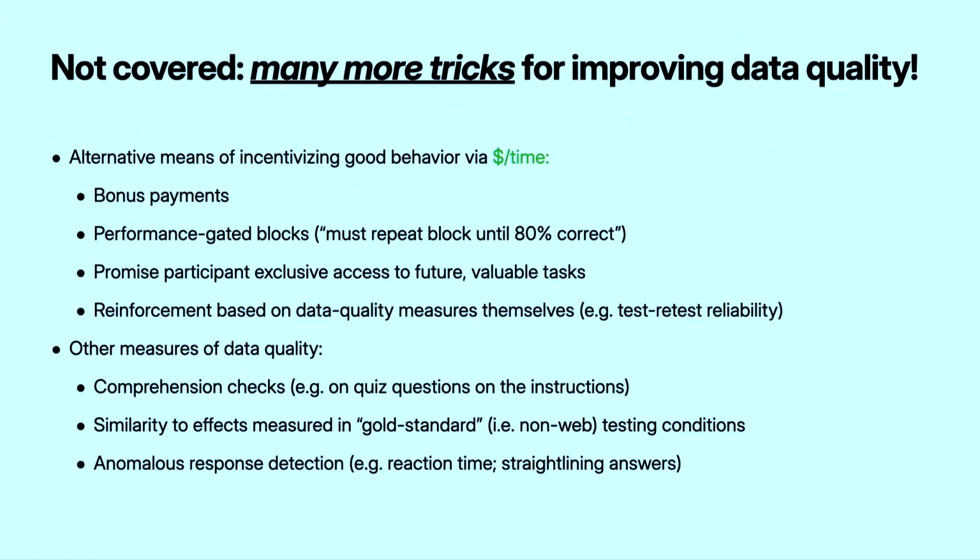You can think of ways to sort of operationally define data quality in terms of these meta measures like reaction time and straight lining answers, which is basically pressing left 10 times in a row. So I guess what I'd say at this point is there's really no one correct way to do behavioral experiments. It's really about layering on all of these tricks to achieve high data quality for your task.